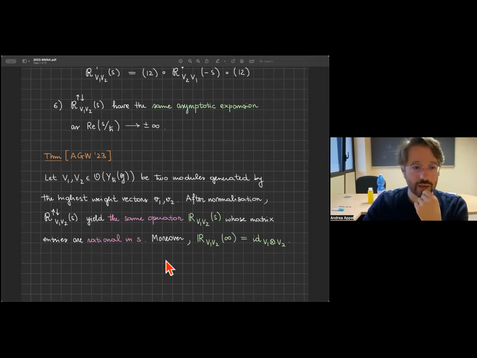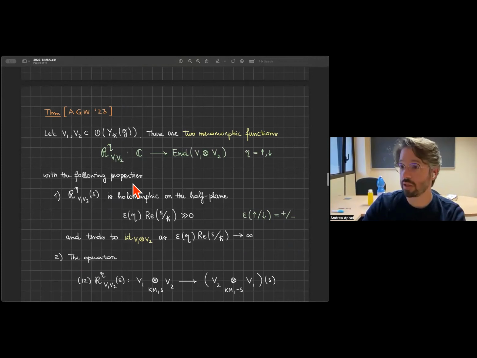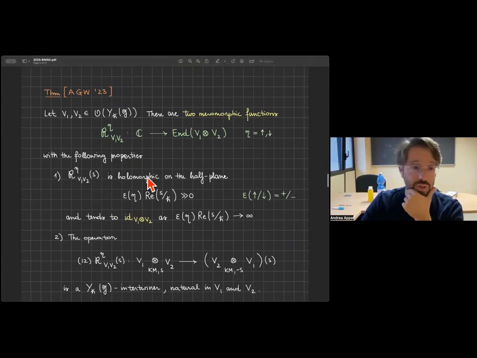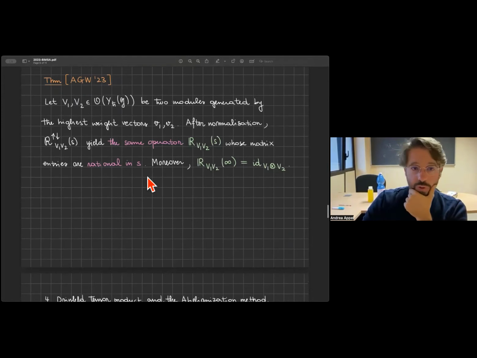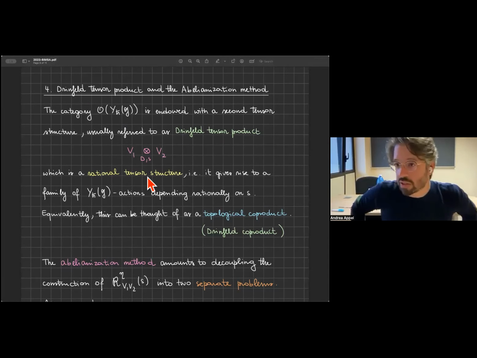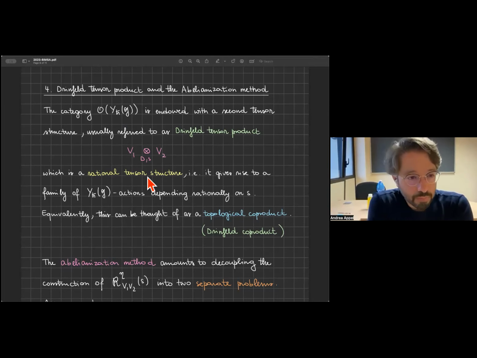So okay, how do we construct this operator, and what is the idea? What are the main ingredients behind this proof? Because clearly, the idea of the construction is in itself already the proof of the theorem.